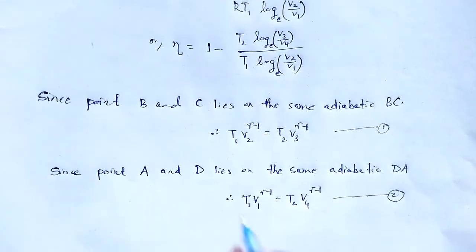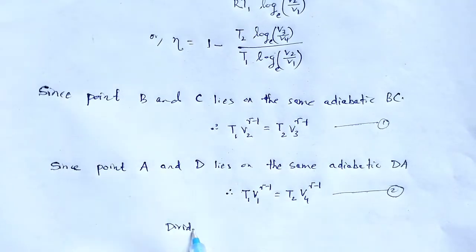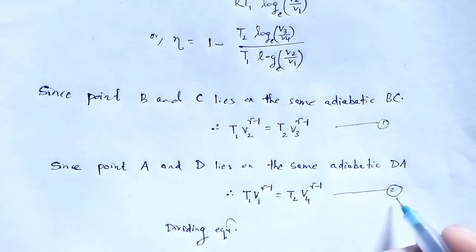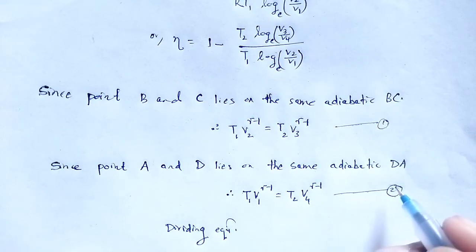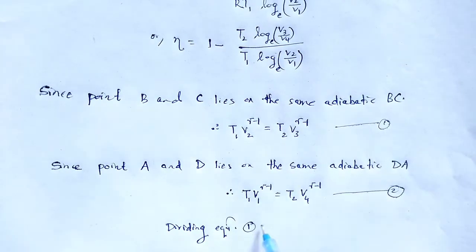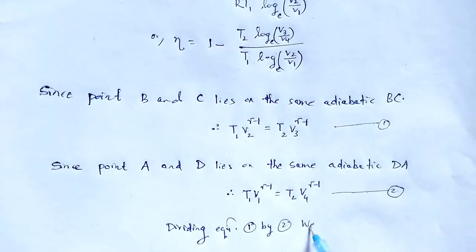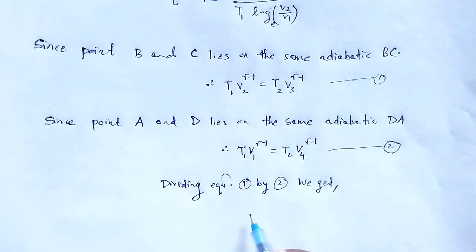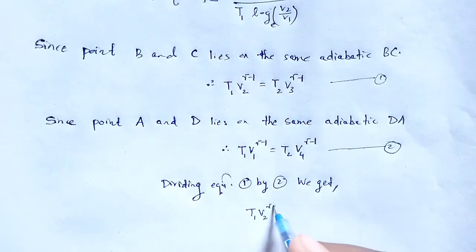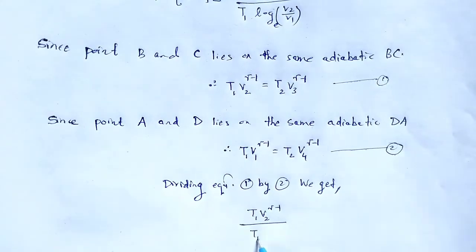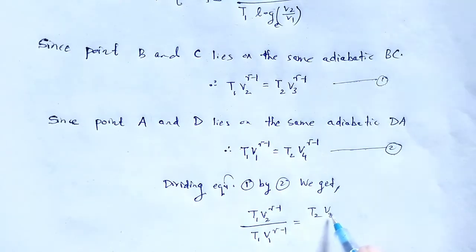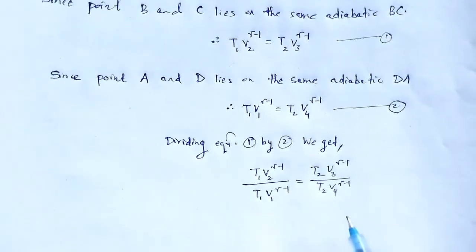Now dividing equation 1 by equation 2, we get T1 V2 to the power gamma minus 1 divided by T1 V1 to the power gamma minus 1 is equal to T2 V3 to the power gamma minus 1 divided by T2 V4 to the power gamma minus 1.